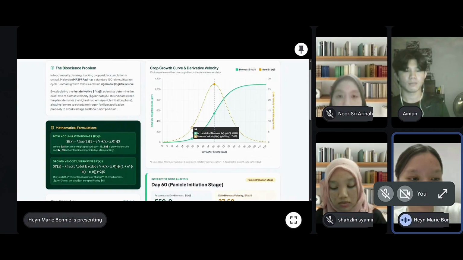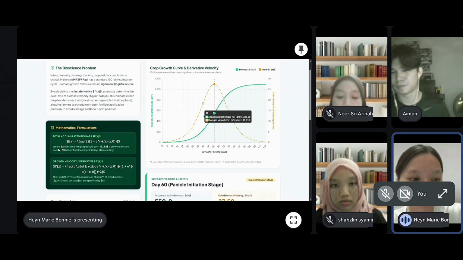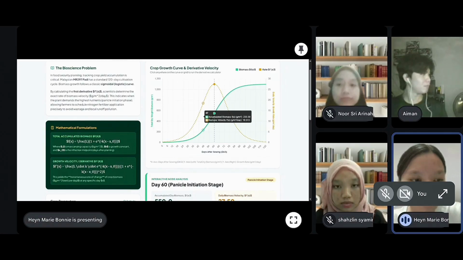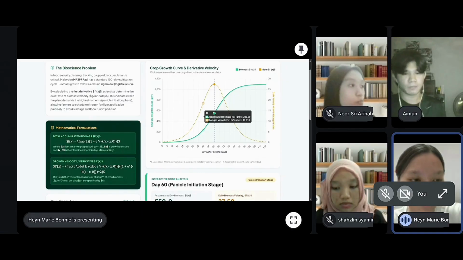If I click on any specific day along this curve, for example, here at day 60, the dashboard instantly extracts the real-time data. It breaks down the mathematical formula string, identifies the current growth stage, and generates an automated agricultural advisory note.